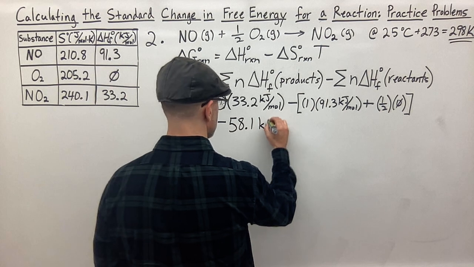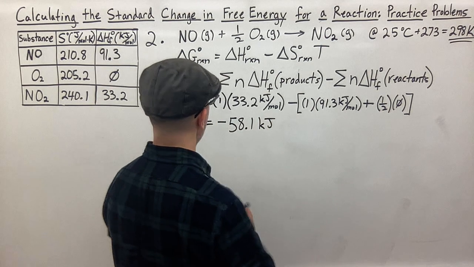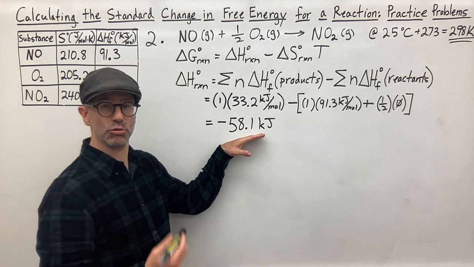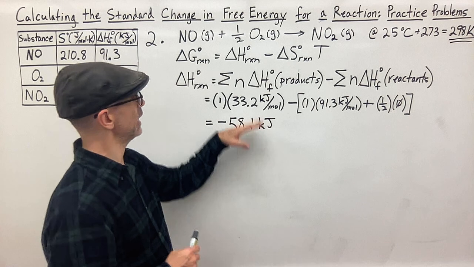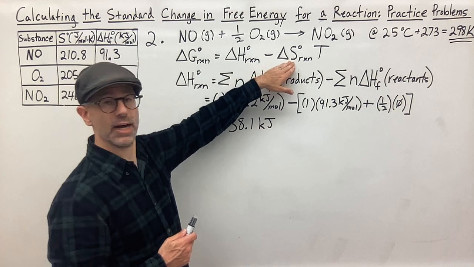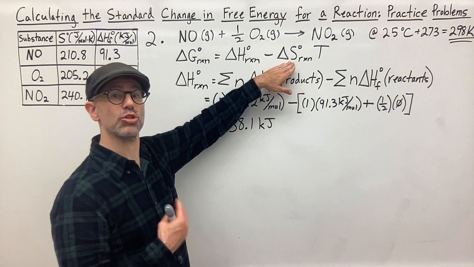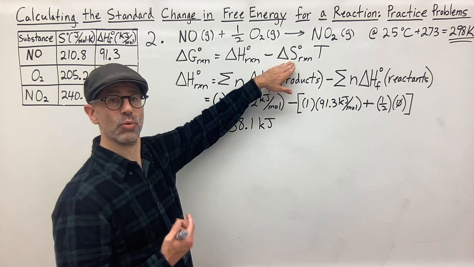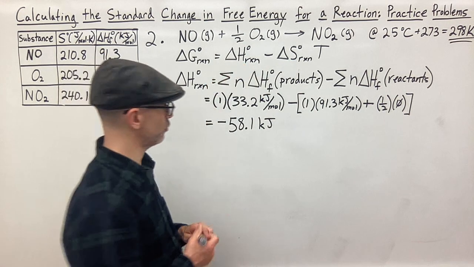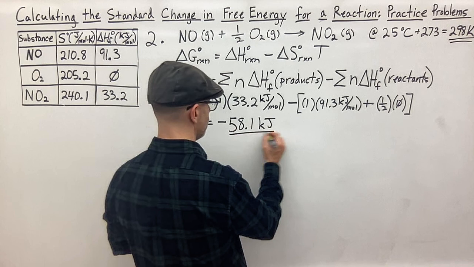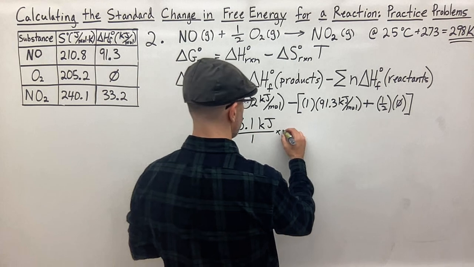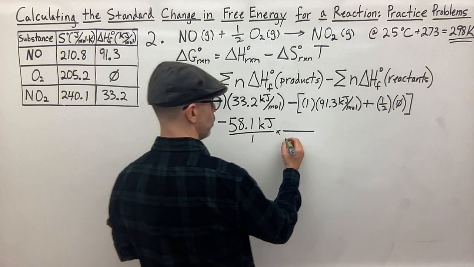58.1 kilojoules. And of course, we're going to have to convert this to joules because we're going to put it into this equation. And when we have our standard entropy change of a reaction, that's going to be in joules per Kelvin. So we want this to be in joules as well. And so we'll just use our conversion factor. We know that 1,000 joules is equal to 1 kilojoule.